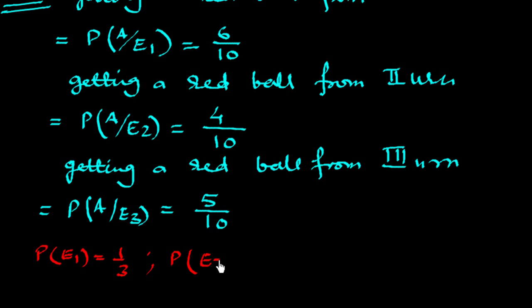Probability of E2 is also 1 over 3, and probability of E3 is also 1 by 3, because these are mutually exclusive, equally likely and exhaustive.